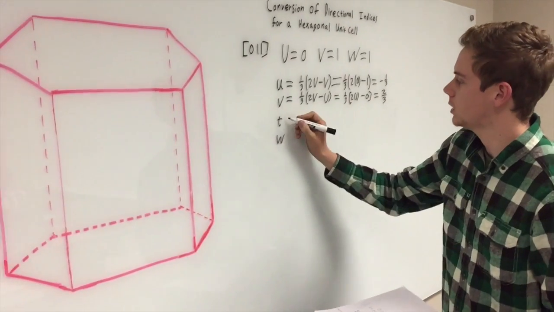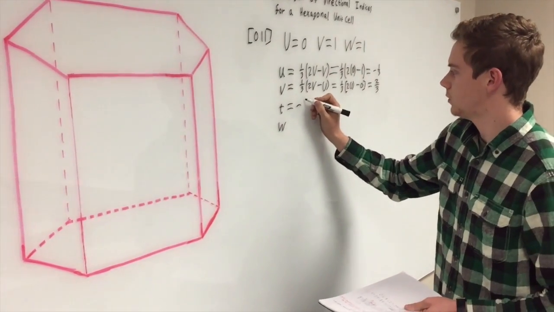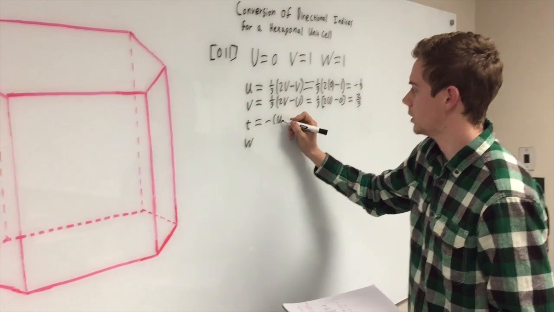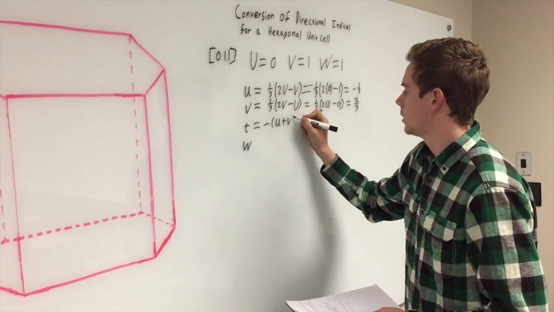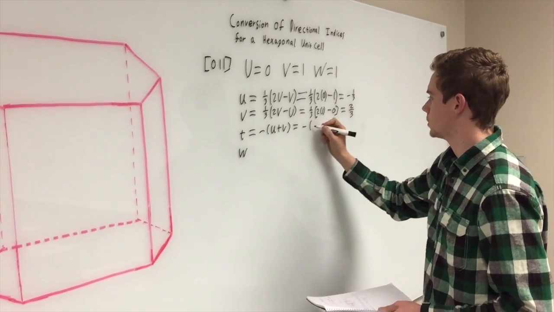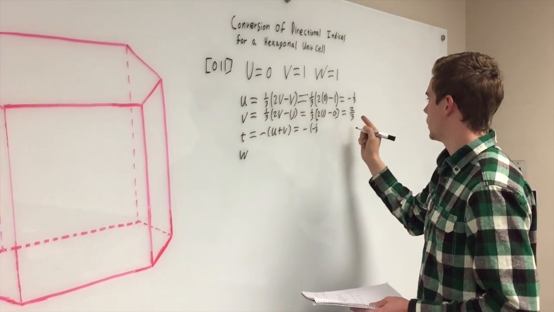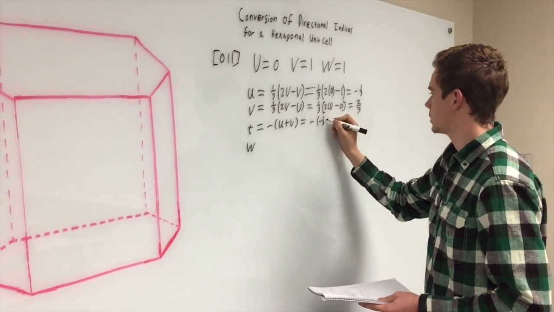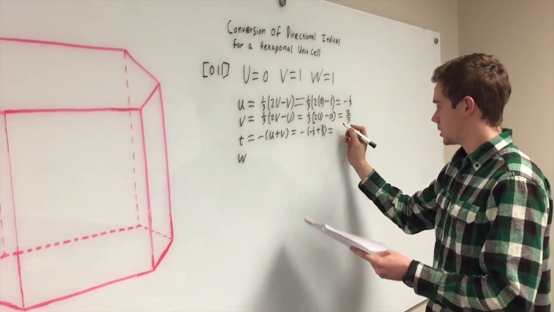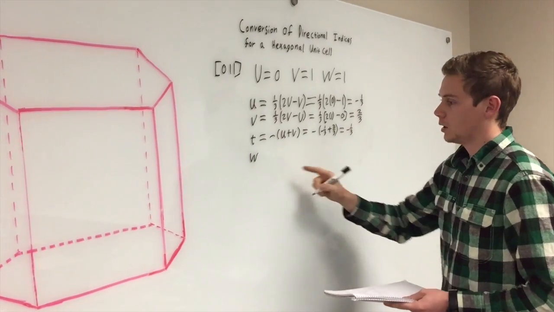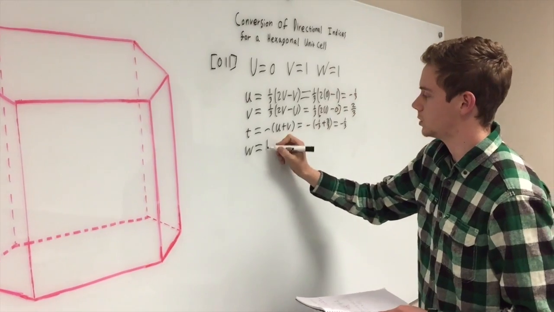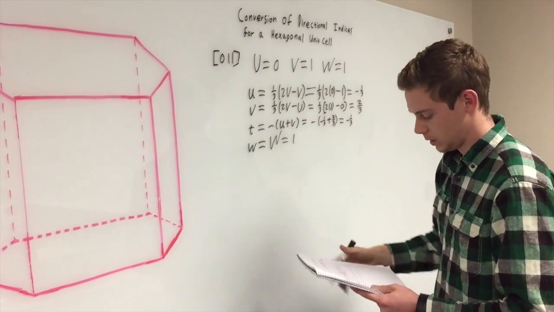Okay, to find t, we'll need to take the negative of the sum of u and v, which we've already calculated. Little u is negative 1/3, and then v is positive 2/3. That will give us negative 1/3. Lowercase w is the same as uppercase W, so this will just be 1.